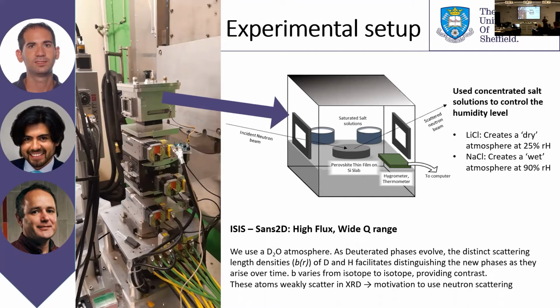We had a contrast that would allow us to follow the degradation. The benefit of using SANS 2D was the very high flux because we're doing time-sensitive measurements, as well as a wide Q range, which allowed us to look at broad mesoscale features while also looking at the phase evolution. Now I'm going to briefly explain some of the theory behind my experiment.